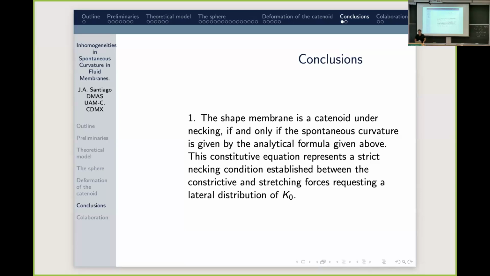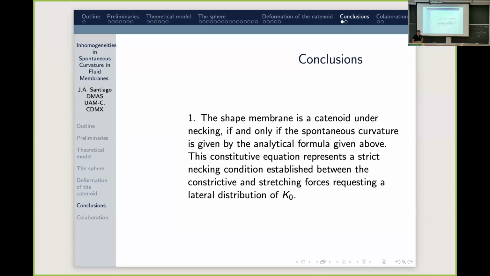Okay, this represents a strict necking condition. The consequent forces. The importance of the inhomogeneities of spontaneous curvature then has to be taken into account in the formation of the membranes.